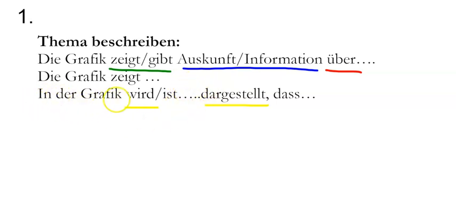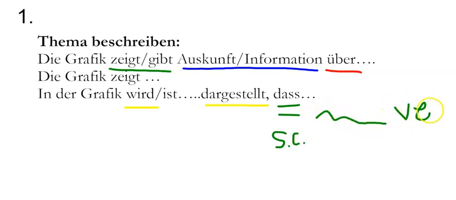So in der Grafik, in the graph, is trash in the ocean depicted. Das, blah, blah, blah. Now, I'm saying blah, blah, blah a lot, sorry, but das is a subordinating conjunction, and as a subordinating conjunction, the conjugated verb goes at the end of that clause. So watch out for those.